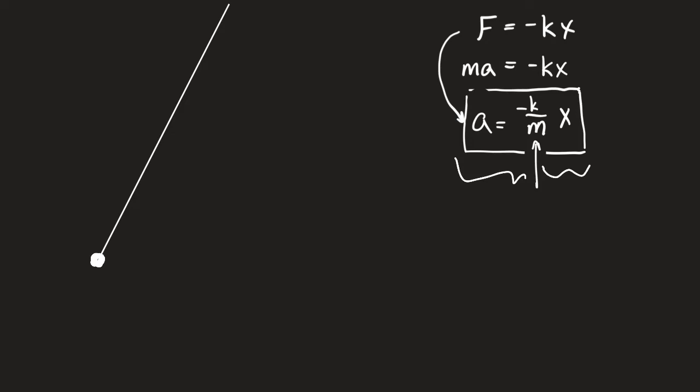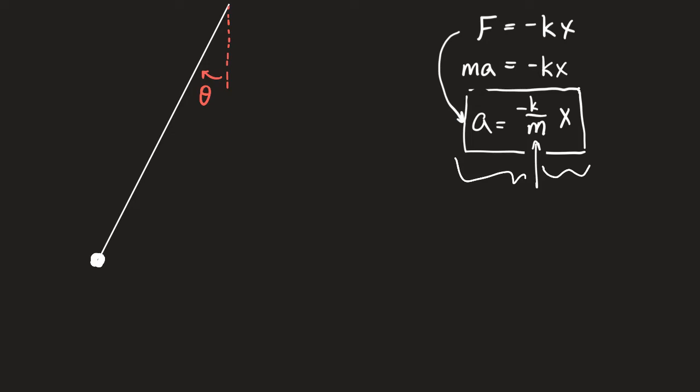Okay, so to understand this, there's a few things I think we should set up and establish. First, the system has been displaced by theta, and we're about to let it go. So I've displaced it a little bit to the left, and I've just let it go.